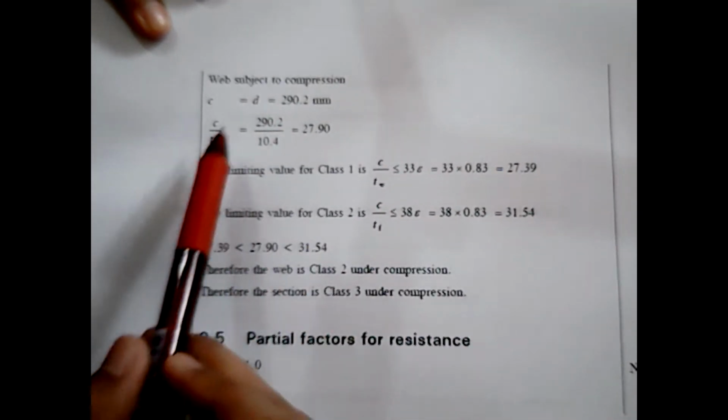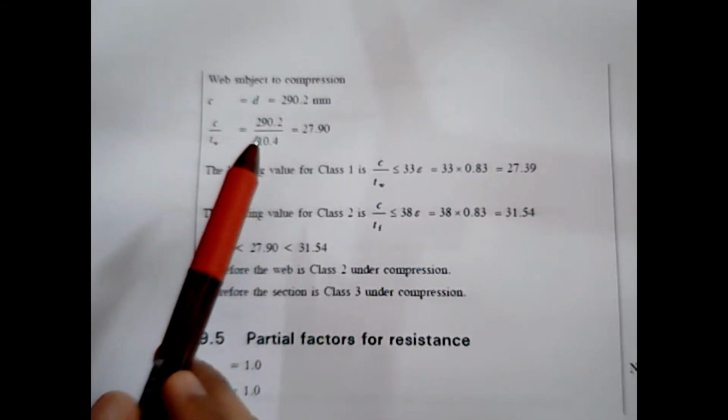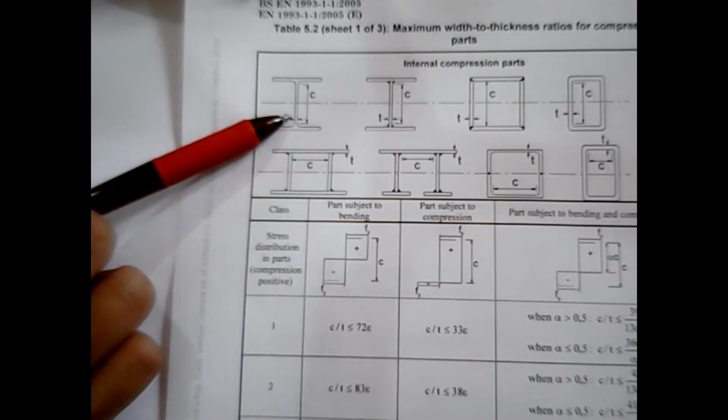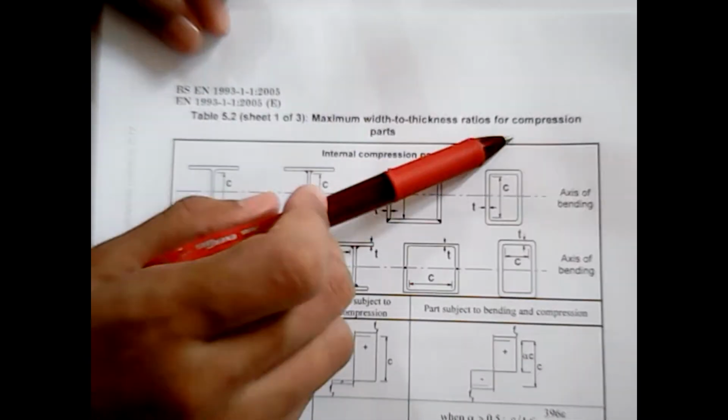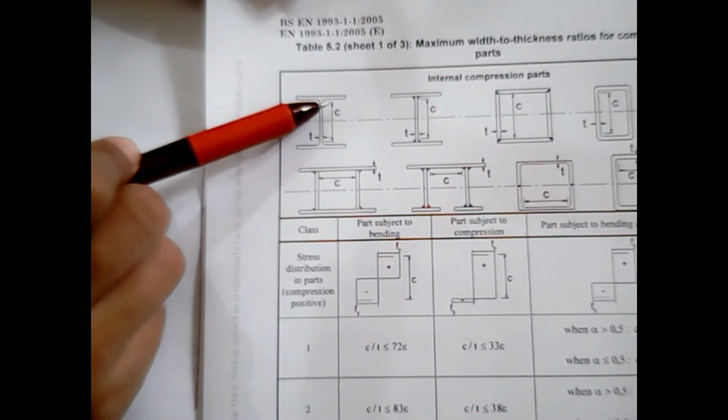Students, similarly for the web subject to compression, again you need to refer to table 5.2, for the web as an internal compression part. You can calculate c from c over tw, or take c equal to d.